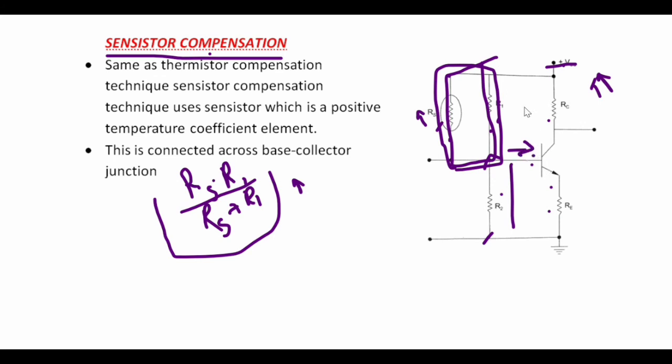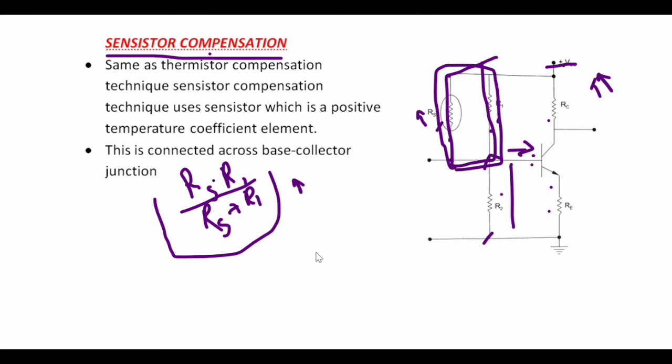This makes the base current IB decrease, and in turn reduces IC. We have seen earlier that IC is equal to beta IB plus 1 plus beta into ICBO. If the collector leakage current ICBO increases by 1 plus beta times, then the base current decreases by beta times.